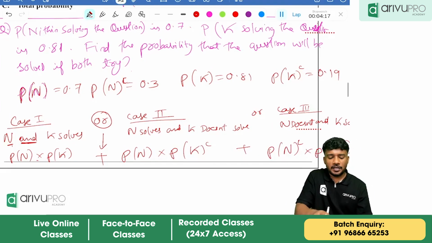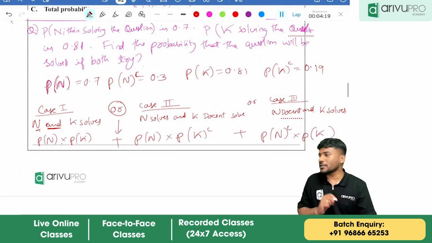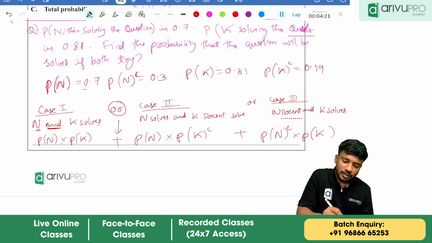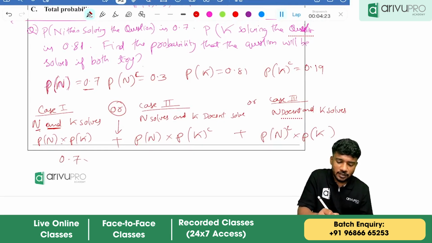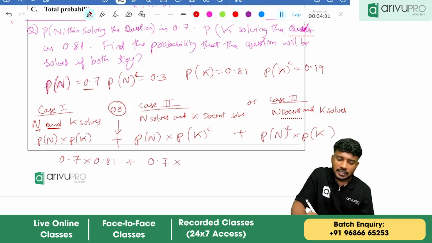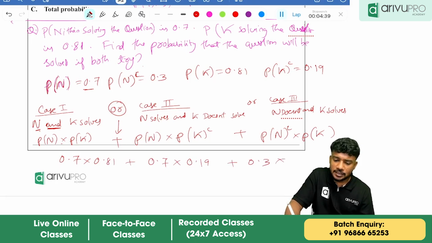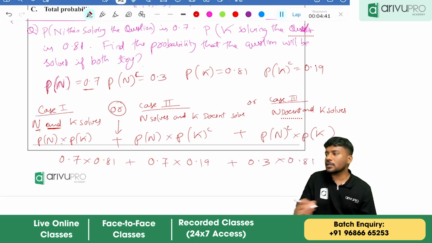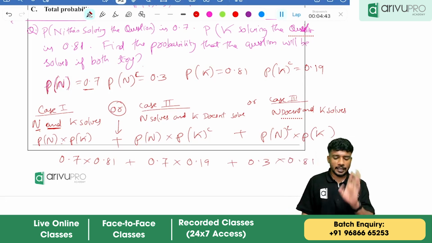Now using this idea, please substitute the values and get me the answer. P of N is 0.7 into P of K is 0.81, plus P of N is 0.7 into P of K complement is 0.19, plus P of N complement is 0.3 into P of K is 0.81. Substitute, get me the answer.